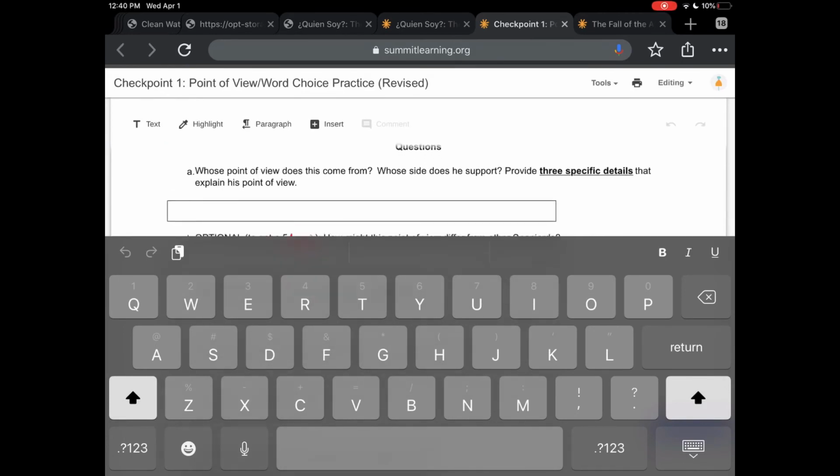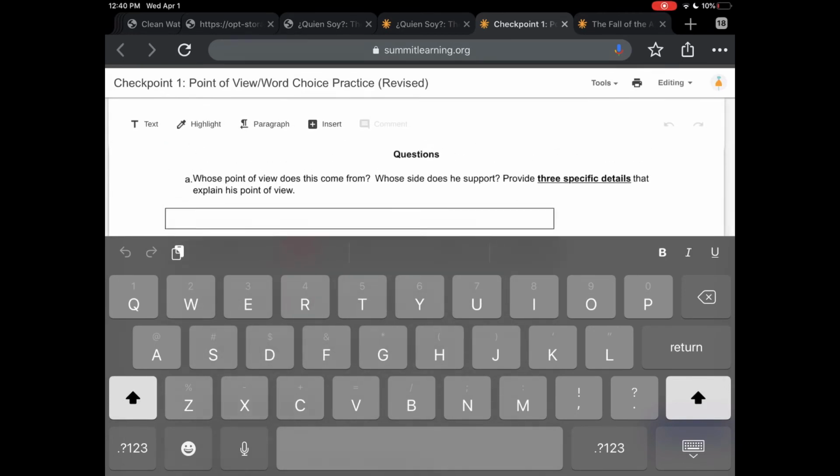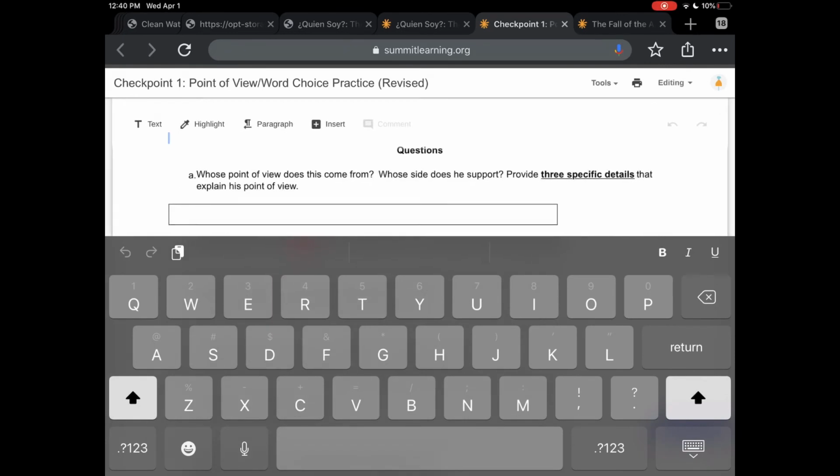So, students, today we're going to be answering these questions. This came from someone who was from Spain, a priest who came with the belief that he was going to help convert people to Catholicism, and he saw something completely different.